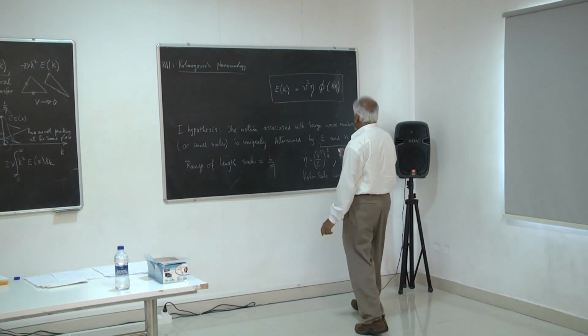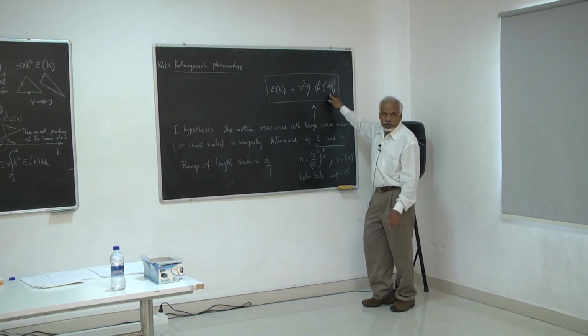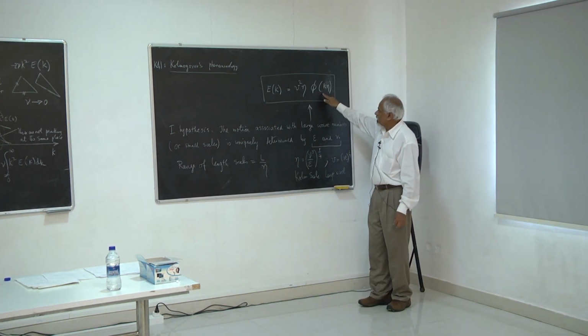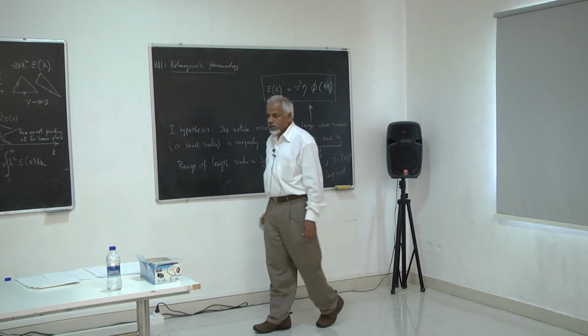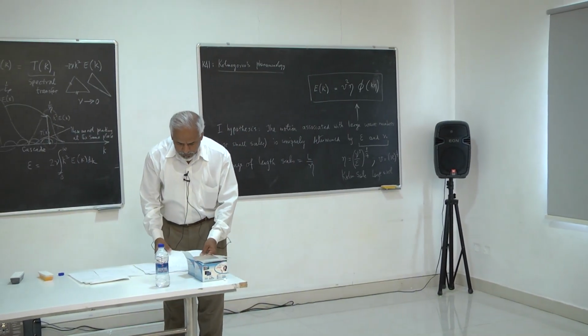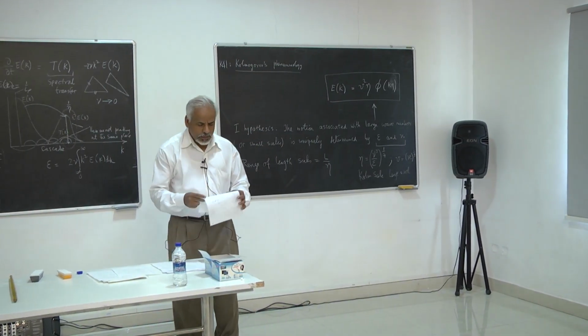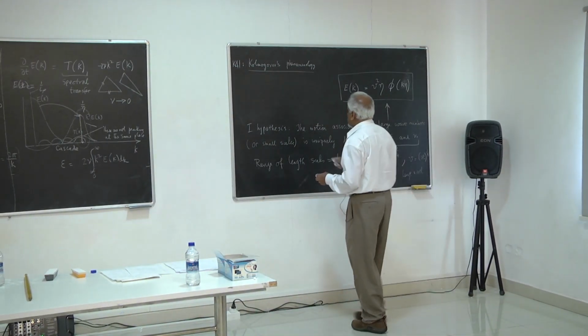So this is the direct consequence of Kolmogorov's first hypothesis. It doesn't tell you what this phi of k eta is, but it has to be of that form, and theoretically it is not possible to know what it is, but I can tell you what form it might take empirically.